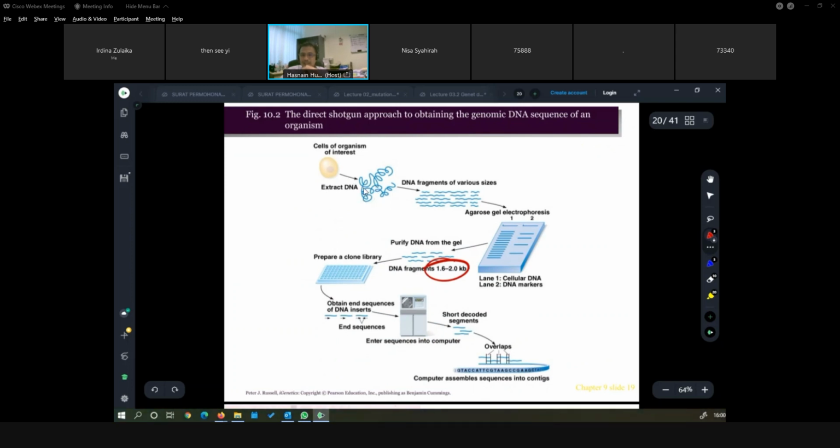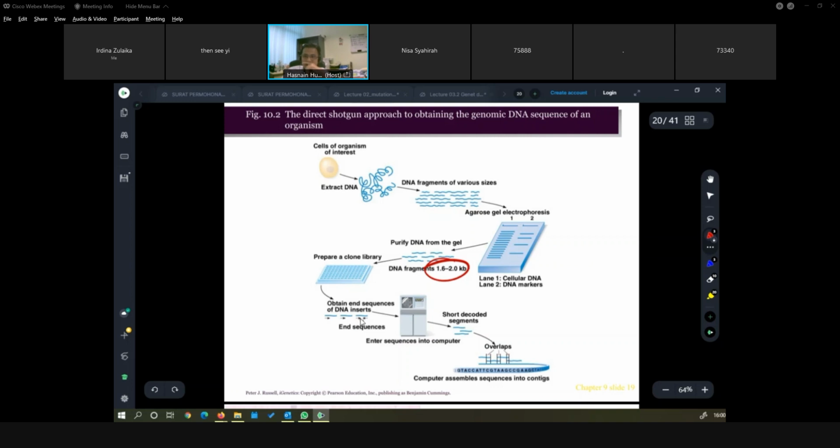You take the DNA, you cut it into smaller pieces, and then they can screen out the unwanted sizes. They only take about 2 kb, and then they can do the sequencing.